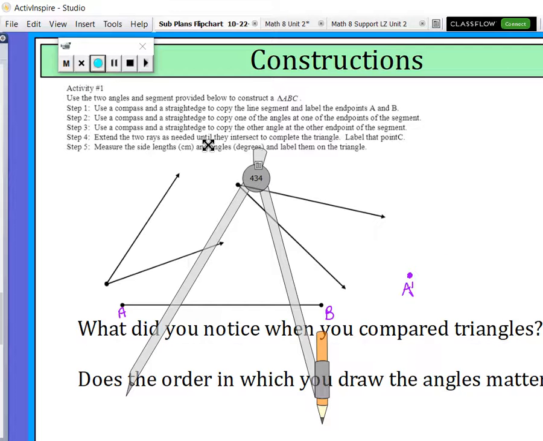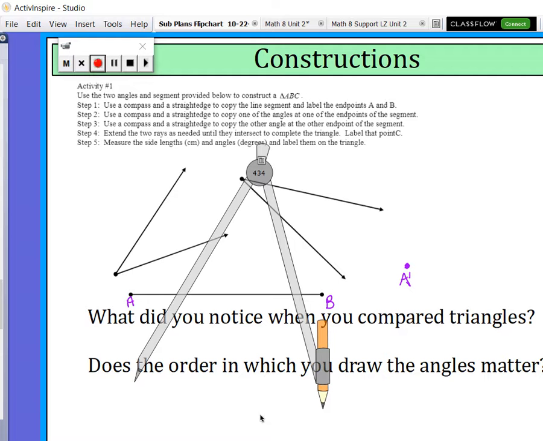Okay, so you've just determined point B, which is going to be over here, or B prime in this case, and you're then going to use a straight edge to connect those 2 points. Okay, so there's your segment AB.